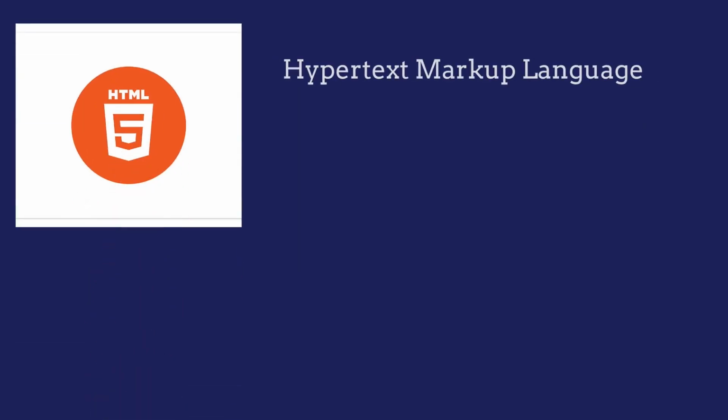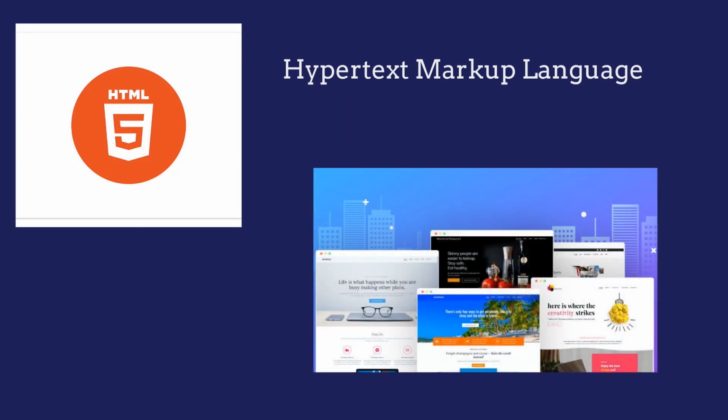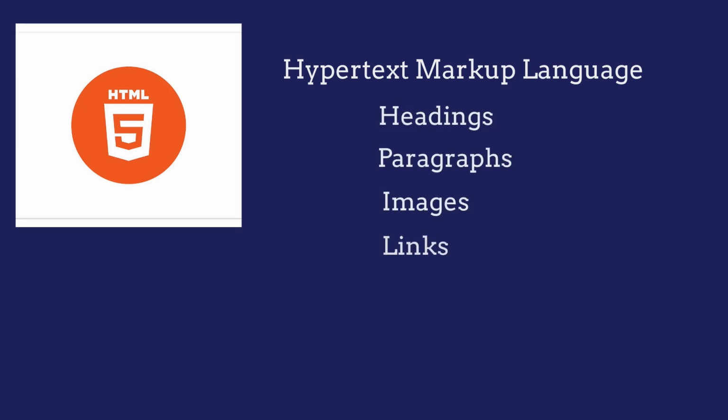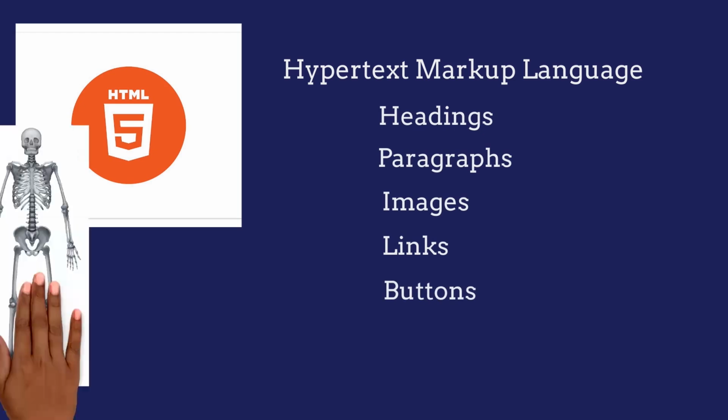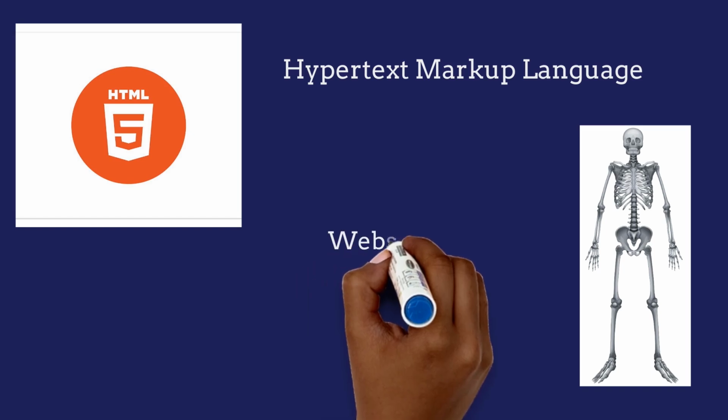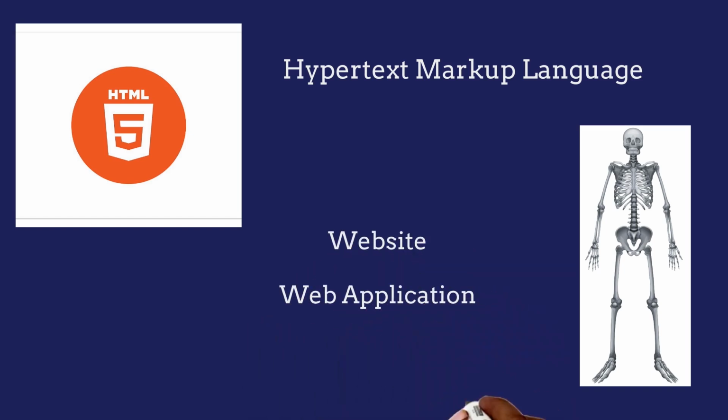HTML, also referred to as hypertext markup language, is the standard language used to create the structure of web pages. It tells the browser what to display, like headings, paragraphs, images, links, buttons, and more. In simple terms, HTML is the skeleton of a website or a web application.